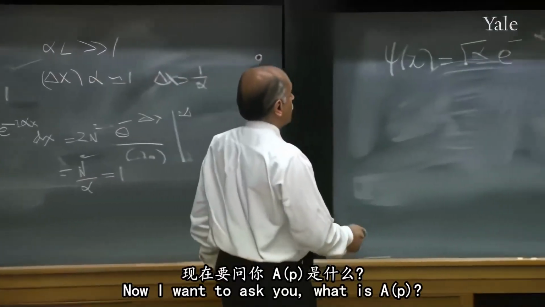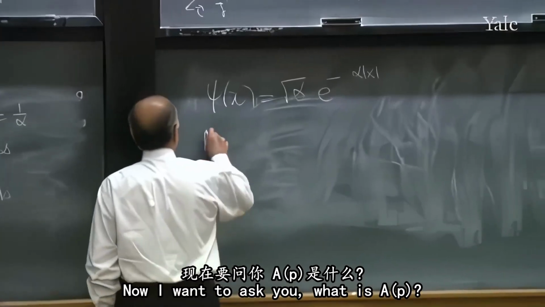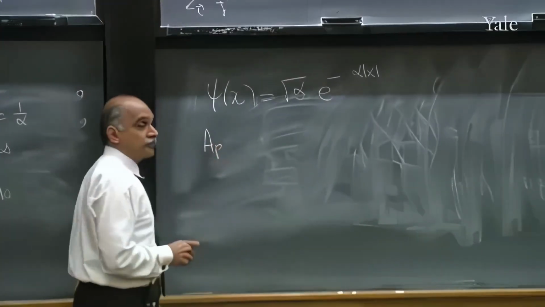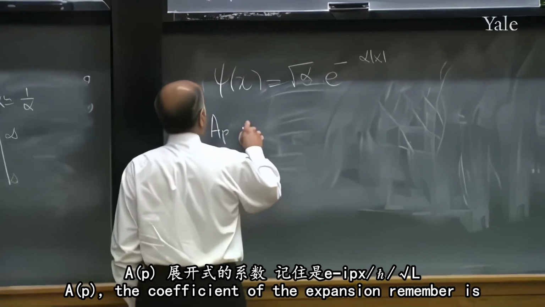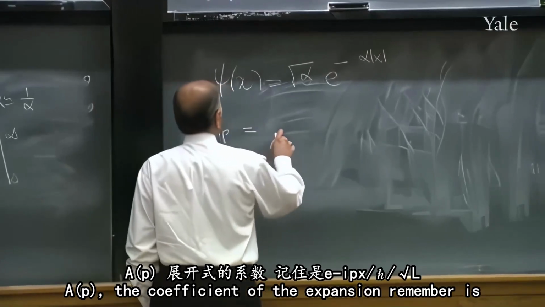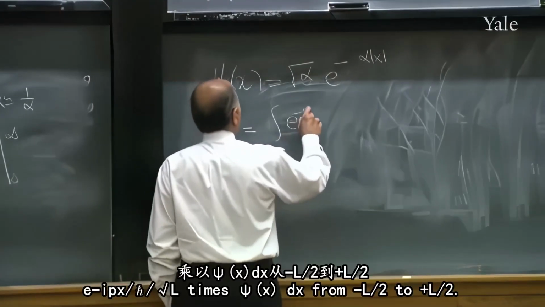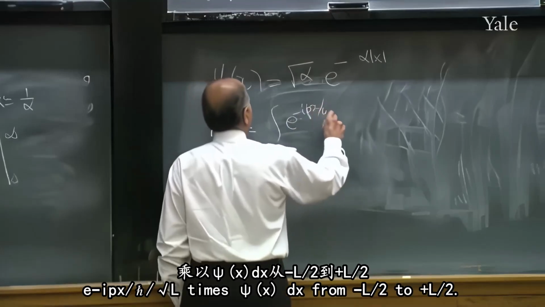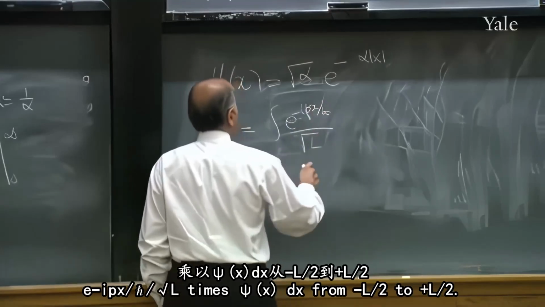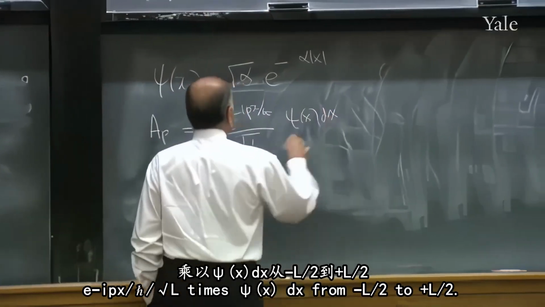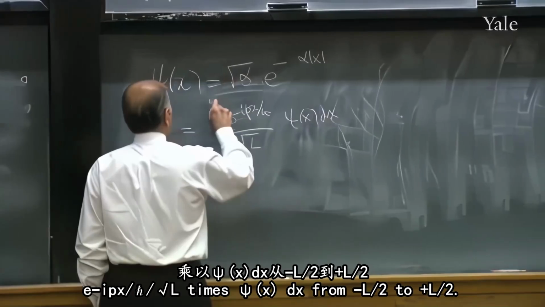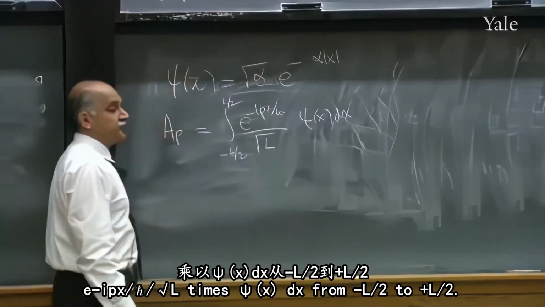Okay, now I want to ask you, what is A of P? A of P, the coefficient of the expansion, you remember, is the integral from minus L over 2 to plus L over 2 of e to the minus iPx over h bar over square root of L times psi of x dx.